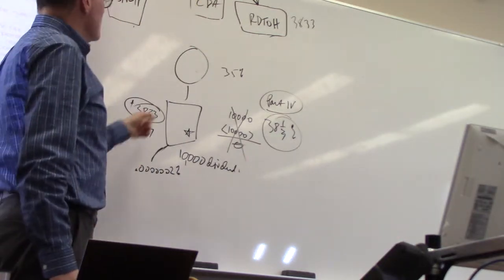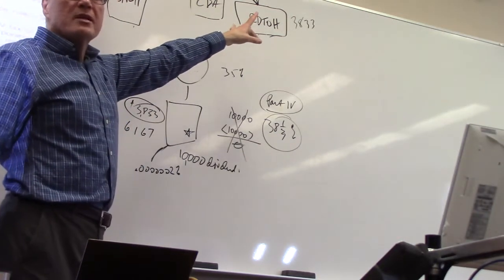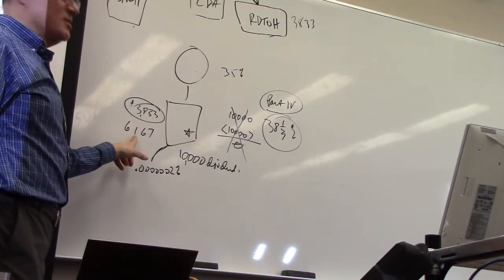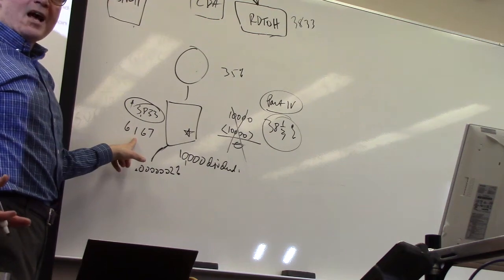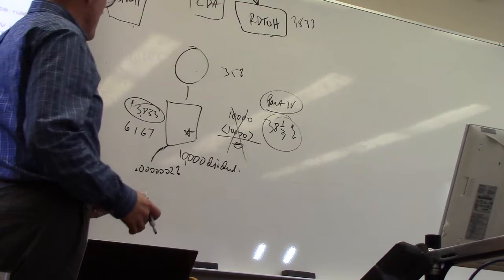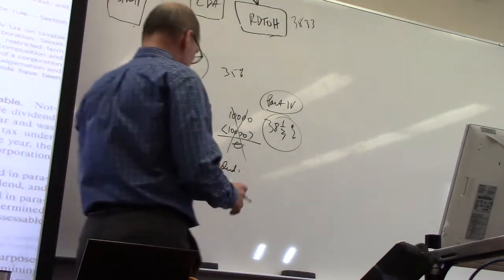And knowing that I've got a $3,833 refund available to the corporation, and knowing that I've got $6,167 worth of cash, I, as the shareholder and director, caused the corporation to pay me a $10,000 dividend.